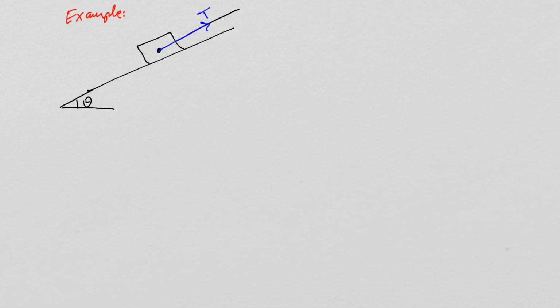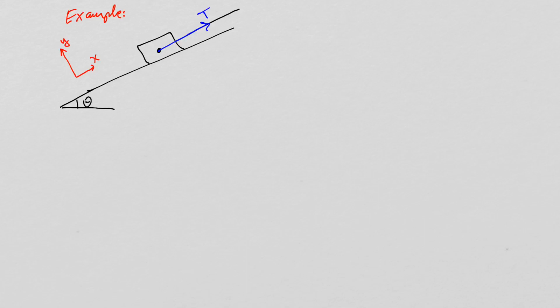So first, let's introduce a coordinate system in which we're going to draw the free body diagram for this problem. Now I'm going to select my coordinate system so that the positive vertical direction is perpendicular to the incline, and then the positive x direction is parallel to the incline pointing up the incline. Let's draw the forces that act on this block.